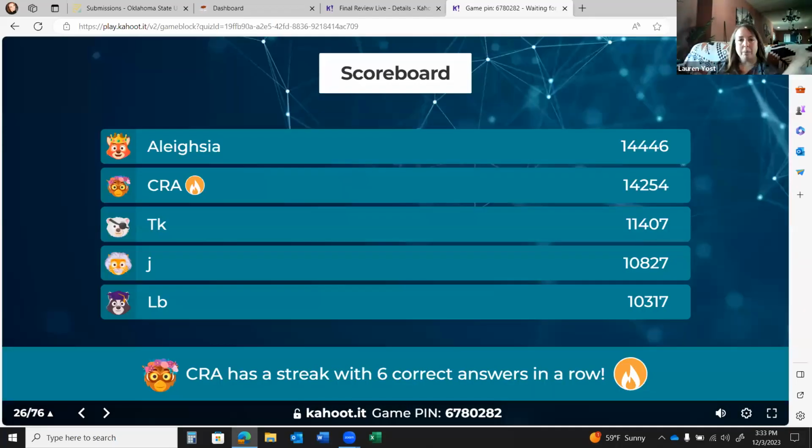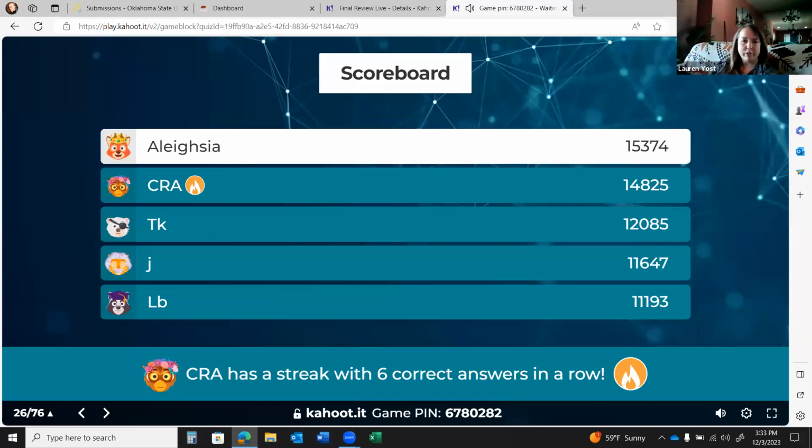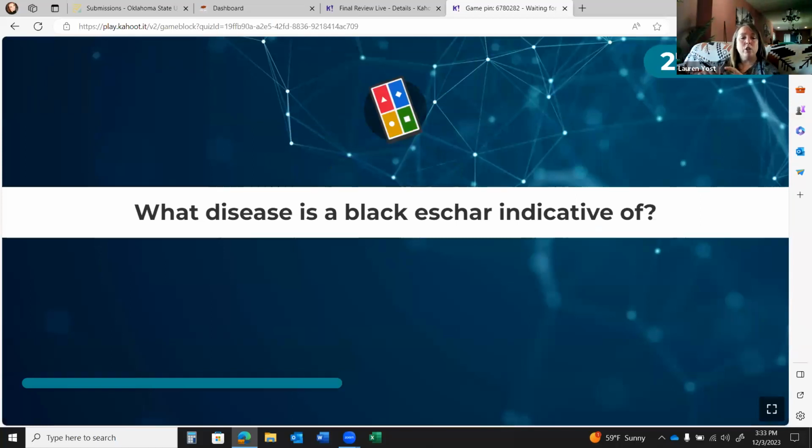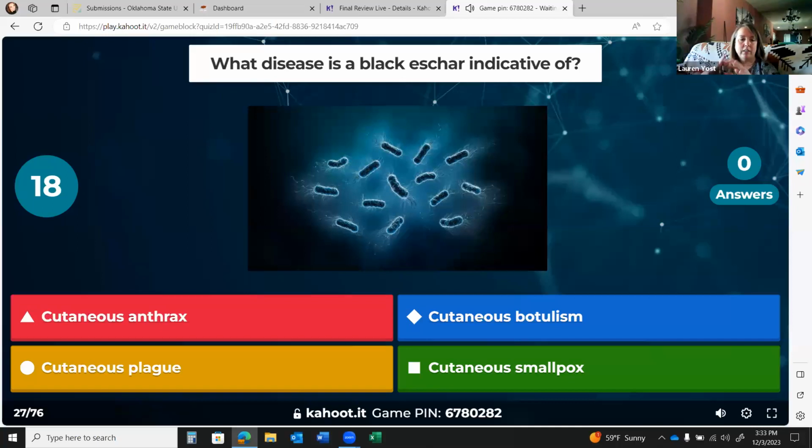Remember, symptoms are going to be subjective. So pain and things like that you can't measure. Signs you can. So what disease is associated with the black eschar? See if you guys remember our good old friend.